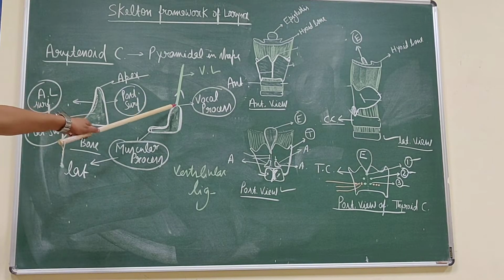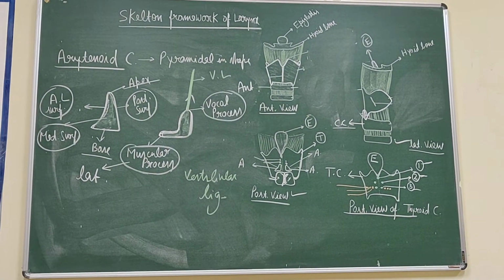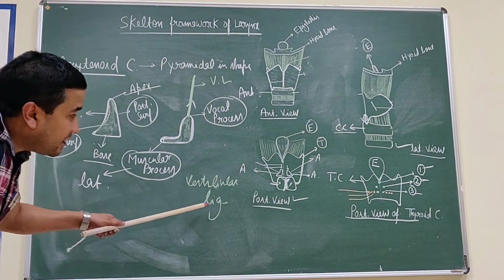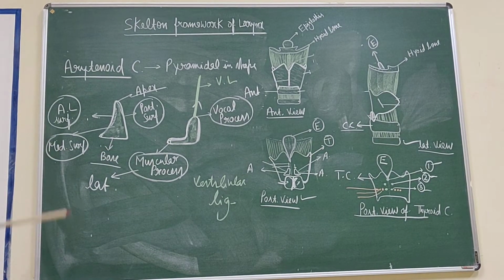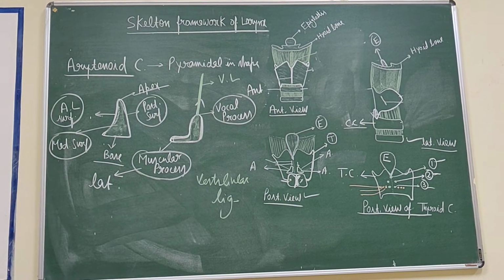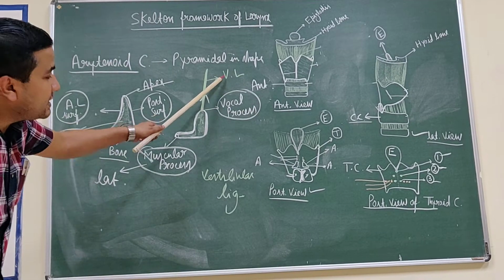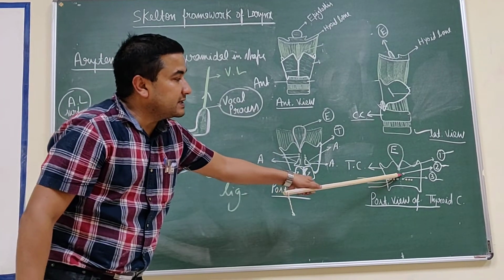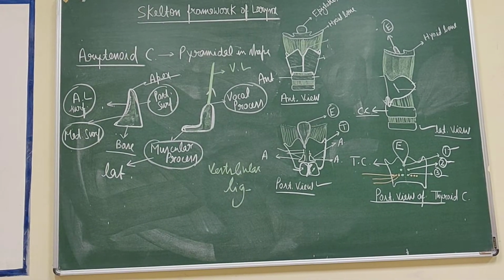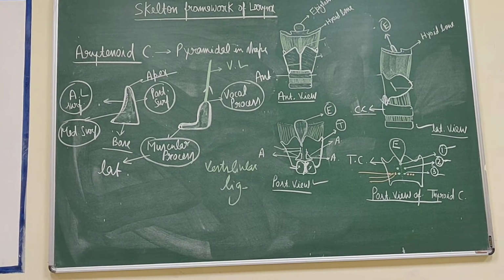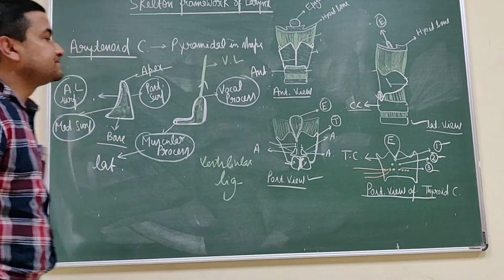The difference is that one is attached to the tip of the vocal process, that is the vocal ligament, while the other is attached above this vocal process at the anterolateral surface, and this is the vestibular ligament. The anterior ends of these two ligaments, both vocal and vestibular, are attached to the posterior surface of the thyroid angle of the thyroid cartilage.